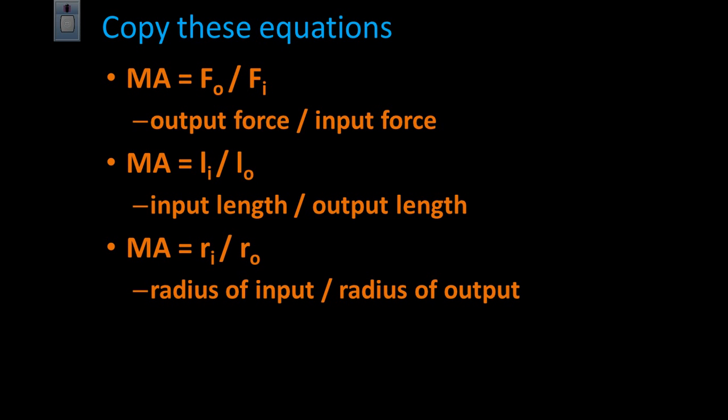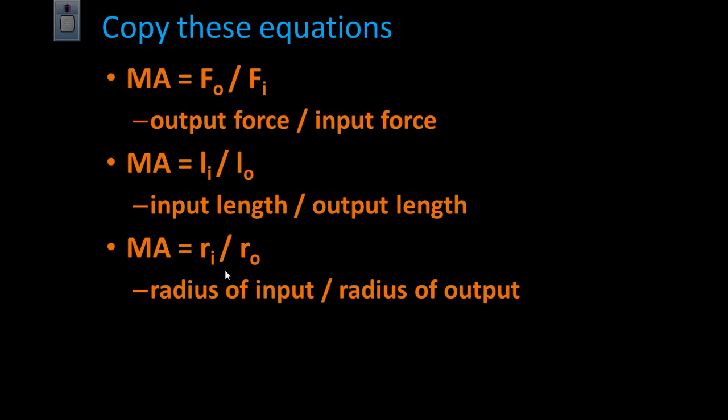The next is mechanical advantage equals RI divided by RO. Notice, it's very similar to the equation before it, input divided by output. The reason it's similar is because this stands for the radius of the input divided by the radius of the output. We've learned that if you are measuring a radius, you have to be measuring a circle.